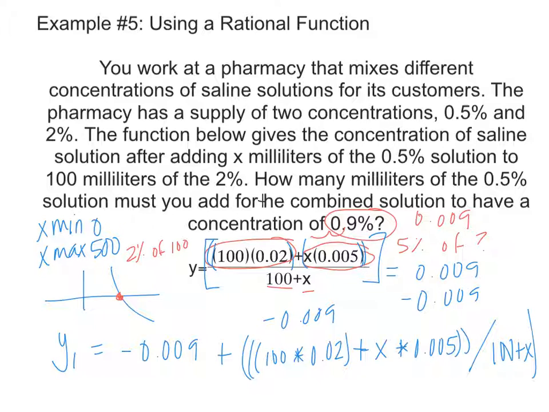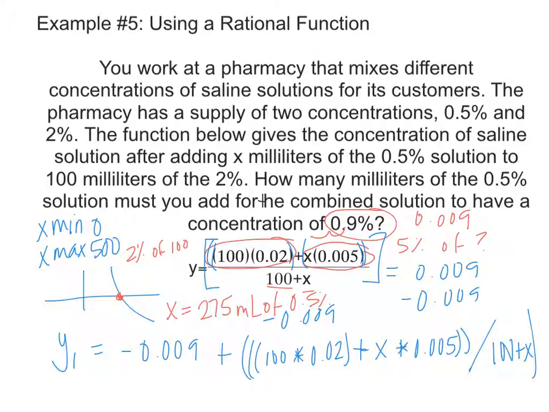And so our answer will be that X is going to equal 275. So we're going to need 275 milliliters of 0.5% saline solution to get a combined total of 0.9% solution. I know that's a lot, but that's how you do it in the calculator.